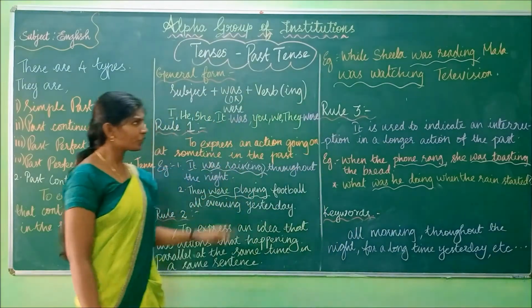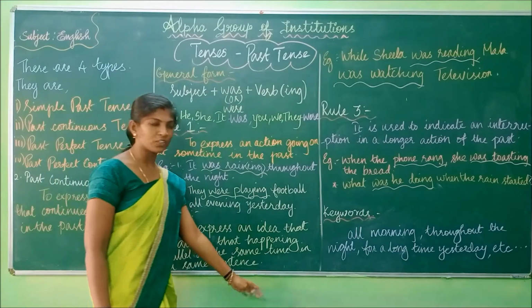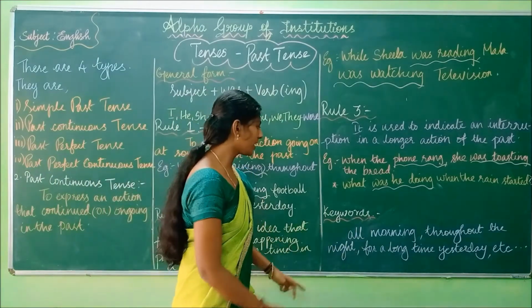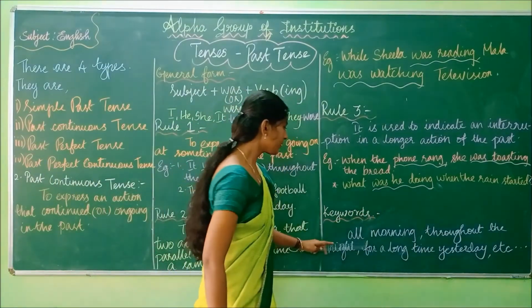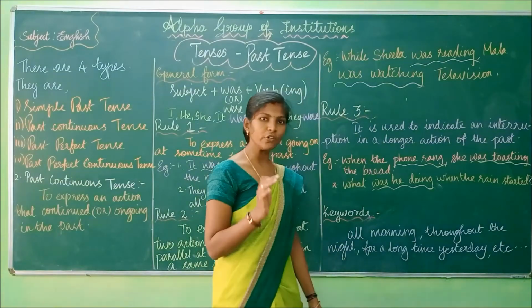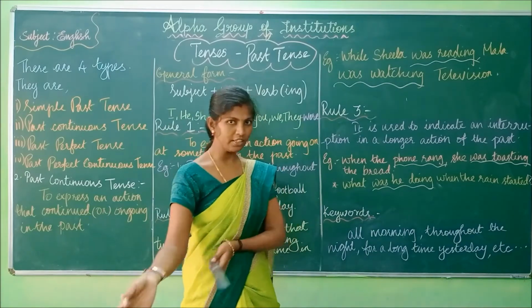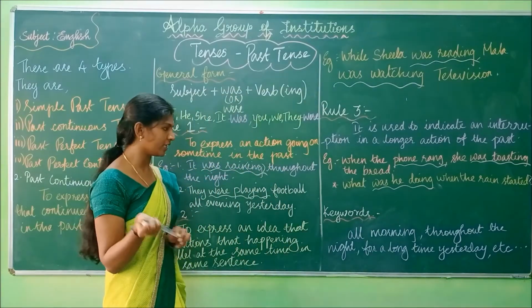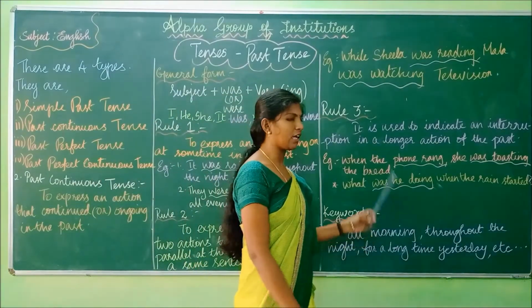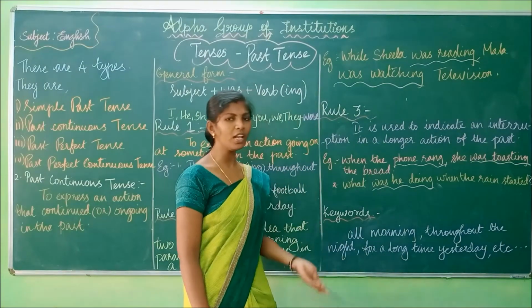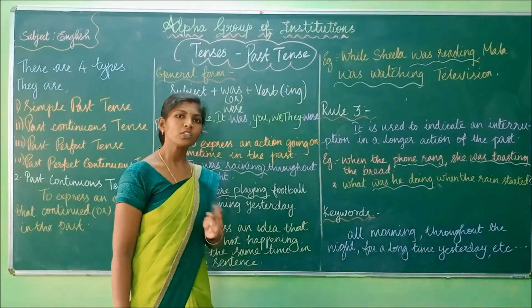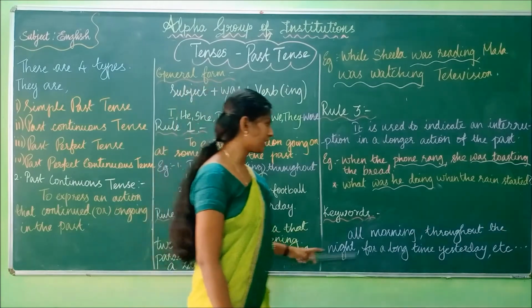Okay, children. So for all this we have keywords. What are the keywords we have here? See, I told you if it is yesterday, simple past tense. But all morning yesterday, all evening yesterday, all night yesterday, all day yesterday, all those refer to past continuous tense.